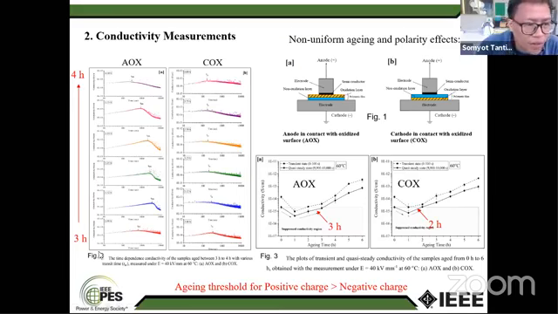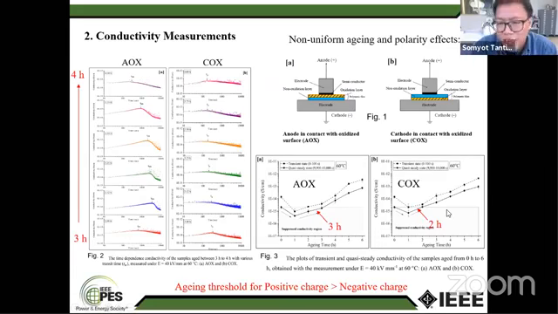On the left-hand side, the result of the conductivity change, we can see a different time dependence of the conductivity in the case of positive injection and negative injection. If we look into the change in conductivity after aging from 1 hour to 6 hours in both polarities, you could see that when we inject electrons into the oxidized surface, the aging threshold for the conductivity increase will be shorter than for positive injection.